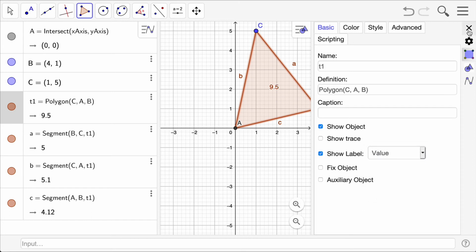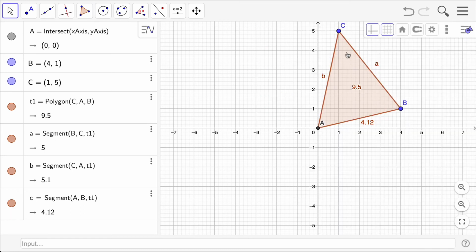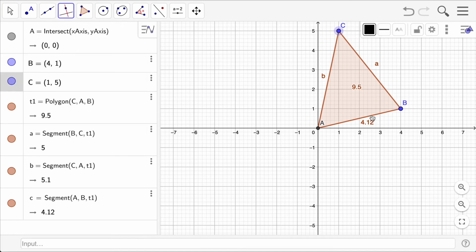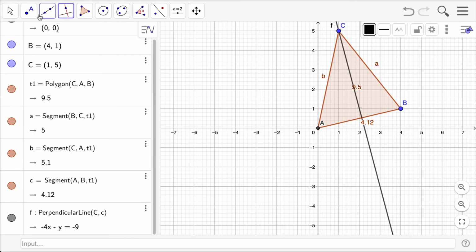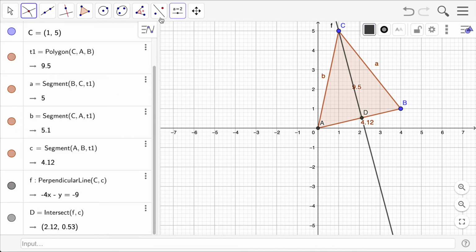All right. And let's see. I'll have this segment AB being the base always, so we'll get that value going. So that's C. And now what I want to do is draw on a perpendicular from C to that base. Find the intersection of that. Also easy.